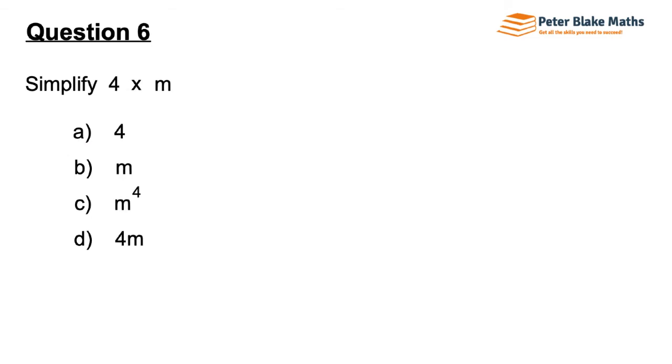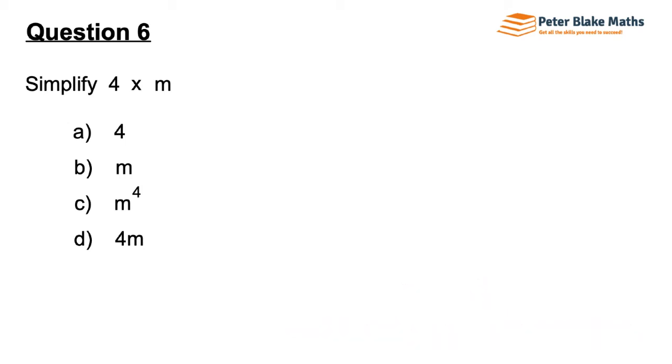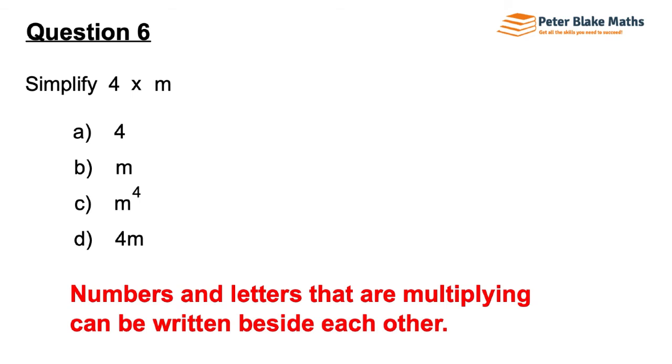Question 6. Simplify 4 times m. Numbers and letters that are multiplying can be written beside each other, so 4 times m can be written more simply as 4m.